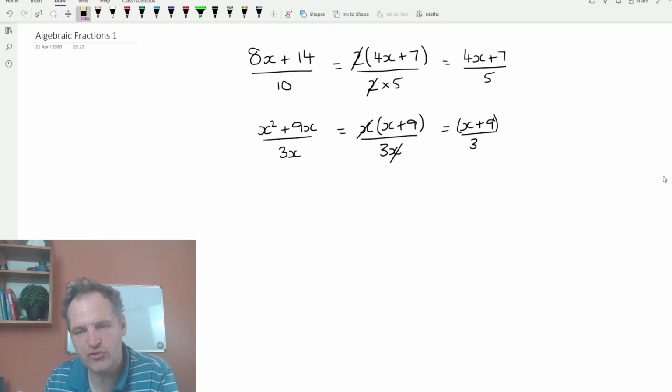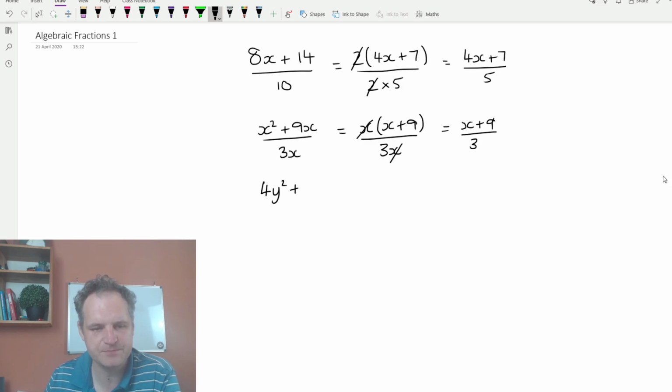So you are not allowed just to cancel with bits of it. And that's quite important. There have been some students I've been teaching who, when they came to do this, wanted to cancel the 3 with the 9 because 3 and 9 go together. But the 9 belongs to x plus 9. So if you want, you can keep the brackets there to help you remember that. But you can only divide by the 3, and I'll give you an example where you could have done it.